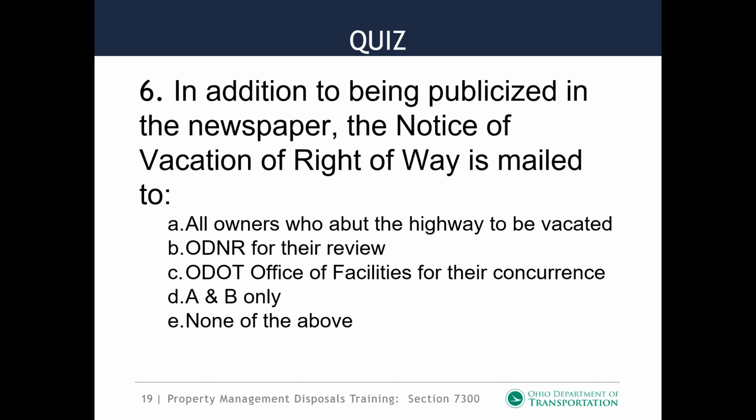Everybody's picking A. Somebody just picked D. Now more people are picking D. It's a split between A and D. Well, A is part of it, but it is D, A and B. You always have to send it to ODNR for review if they want it or not. They usually never get back to us and the 14 days expires and we go ahead. ODOT Office of Facilities is not in this because we are not disposing of a facility. This is actually a road.